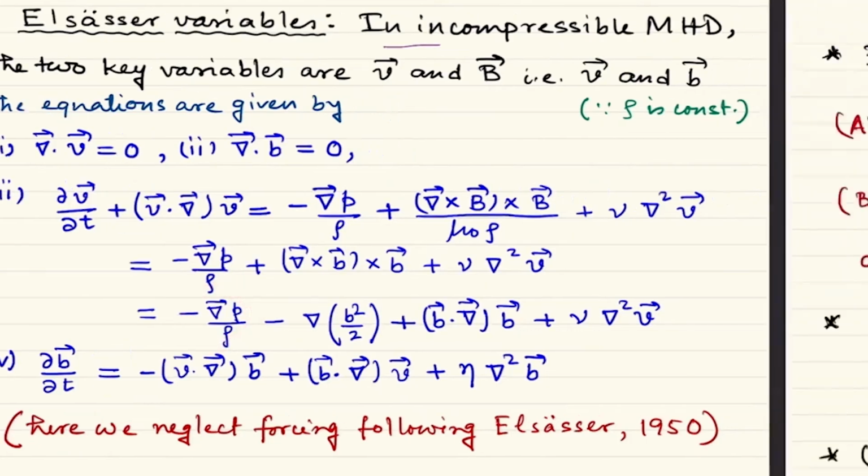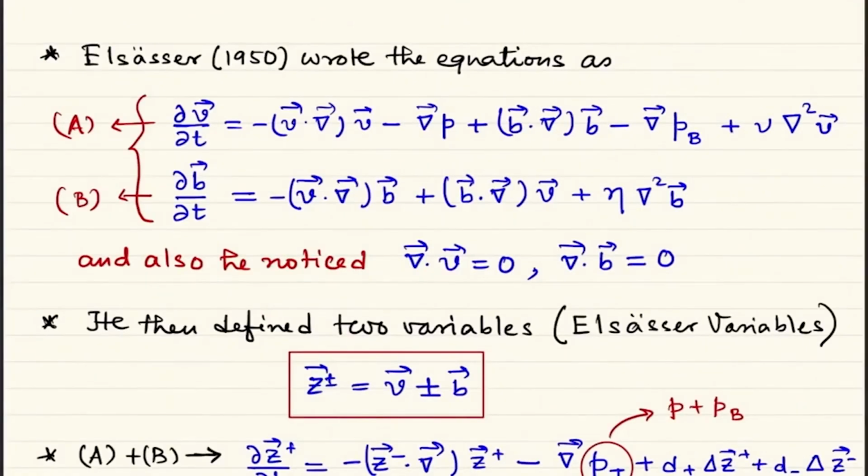Elsasser just observed this thing and he once again wrote this equation as this: ∂V/∂t is equal to minus V dot nabla V minus gradient of P plus b dot nabla b minus gradient of PB, that is the magnetic pressure, plus nu times Laplacian V. Laplacian means the nabla square.